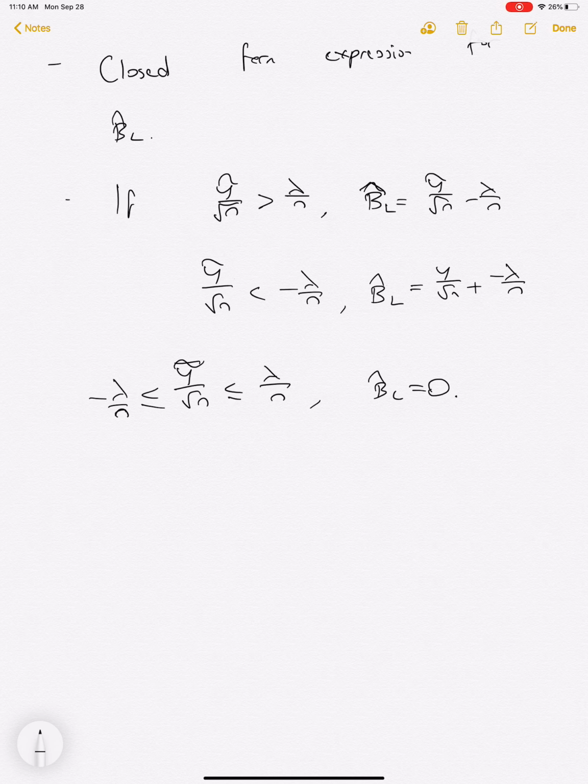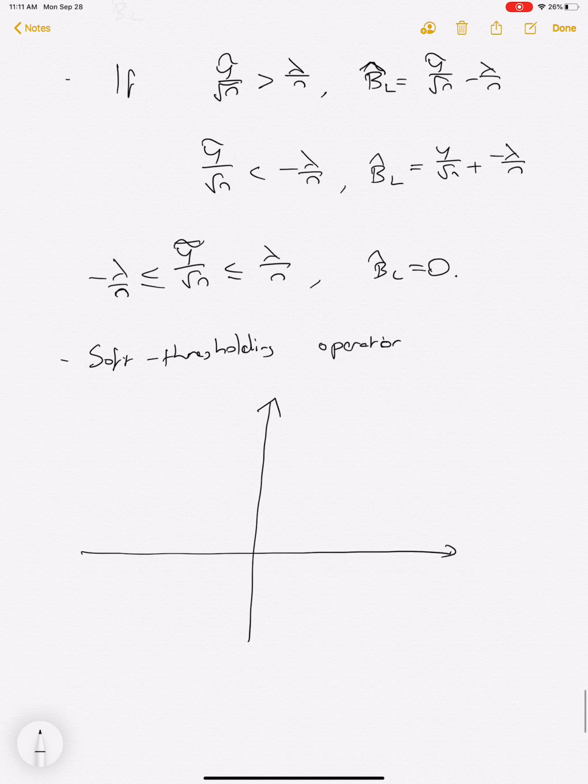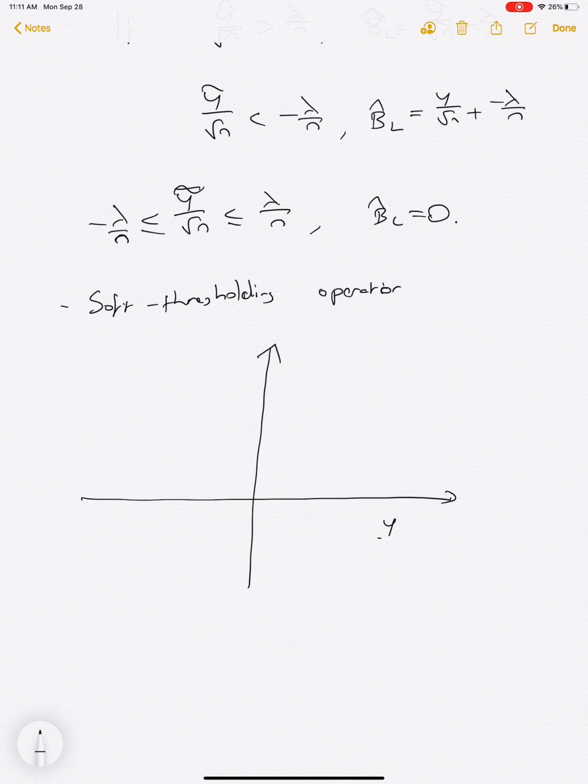This gives you a way to estimate, and this is what's referred to as the soft thresholding operator. Another way to express this is that your data is your y over square root of n, and you have these two limits of lambda over n and negative lambda over n.